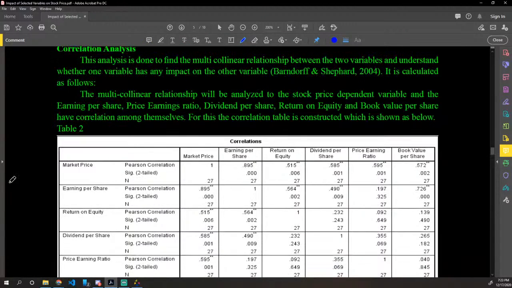if we see over here, the correlation between EPS and market price is this much, okay, and return on equity and EPS is this much, okay.